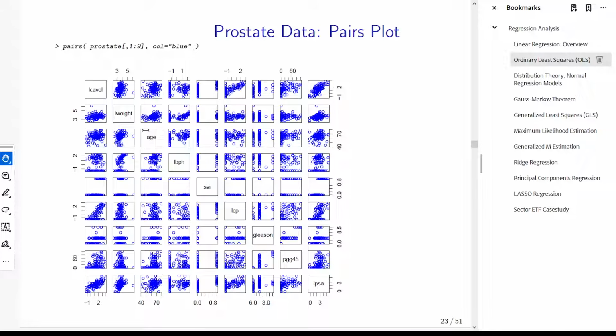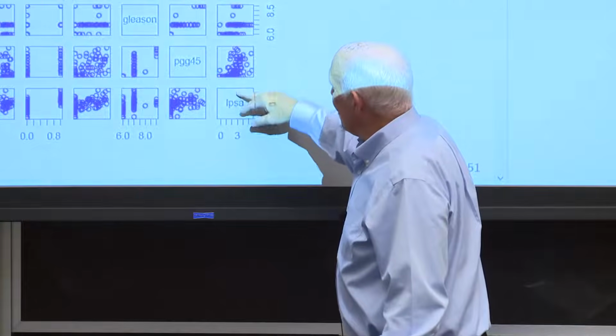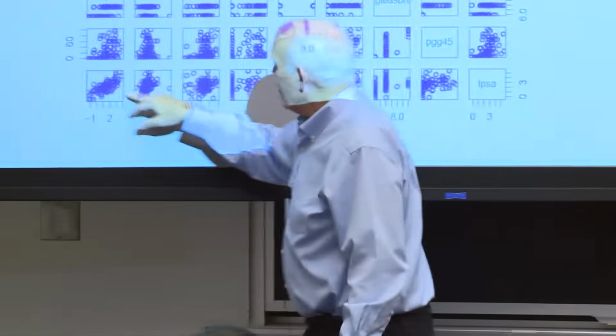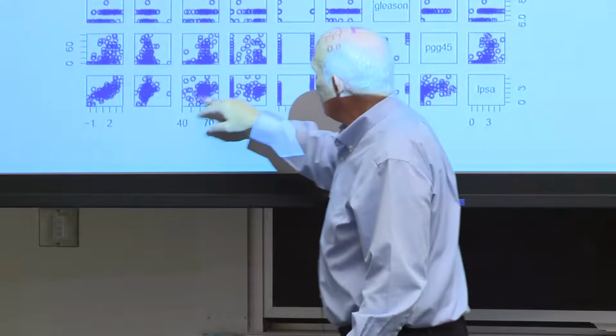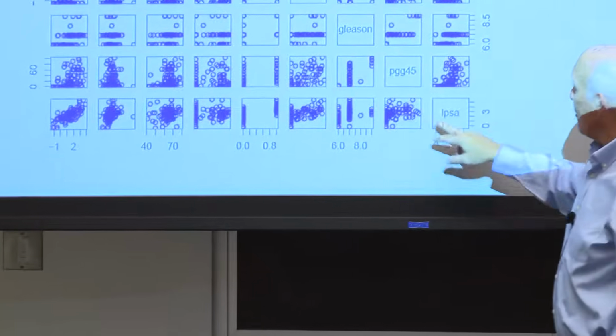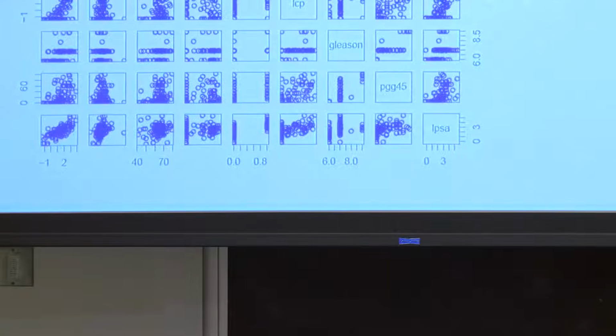Along the diagonal, we have the names of the variables. If LPSA is the dependent variable of interest, we look across this row at the scatter plots of different independent variables with it. It looks like LCAvol probably has a very strong relationship. Some of the variables, in fact, are discrete, and we can see that as well.